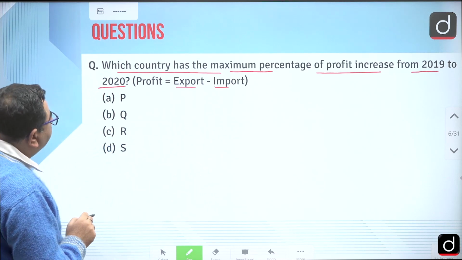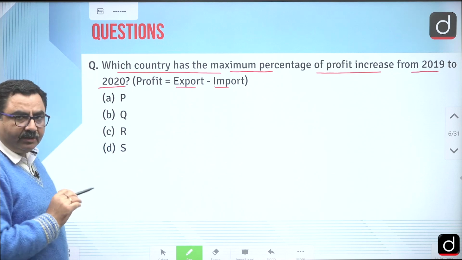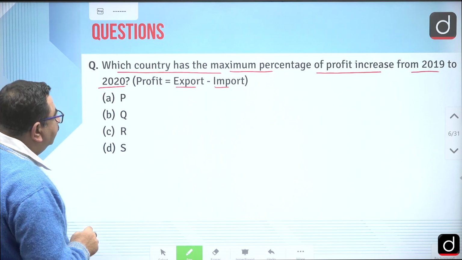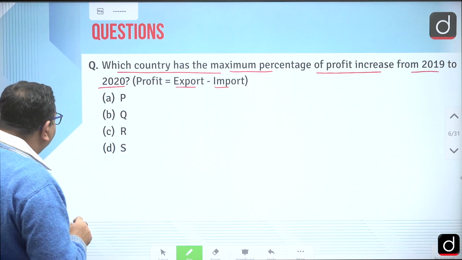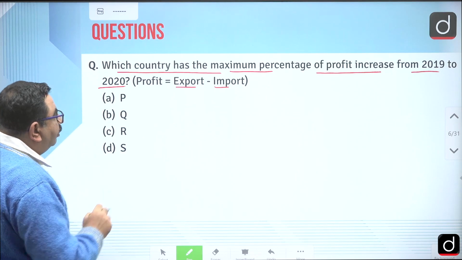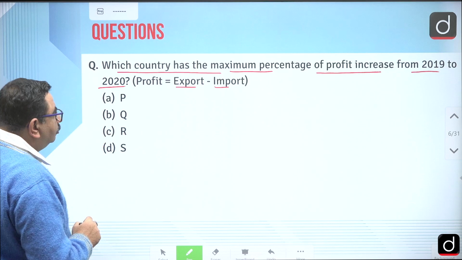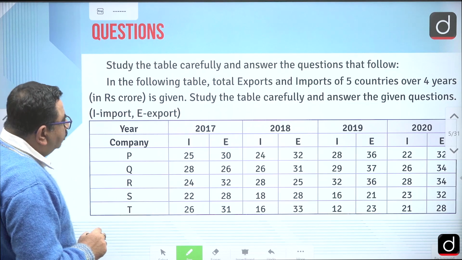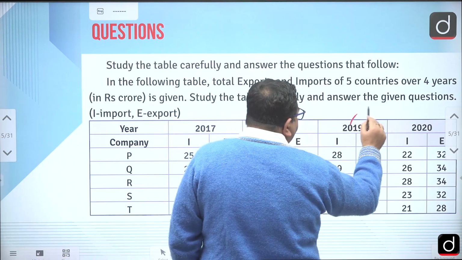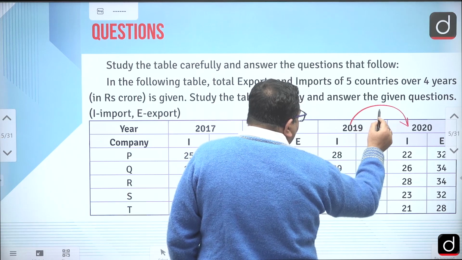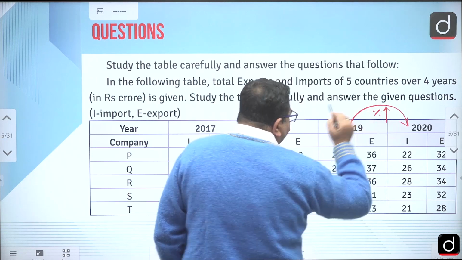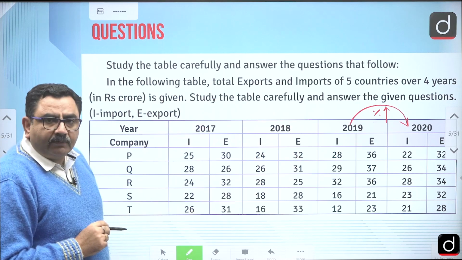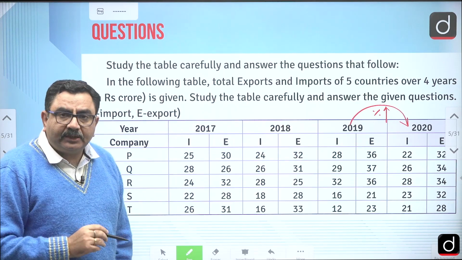For every country, we can see the profit for P, Q, R, S from 2019 to 2020. What is the percentage increase? We have to check which company gives the maximum percentage increase.